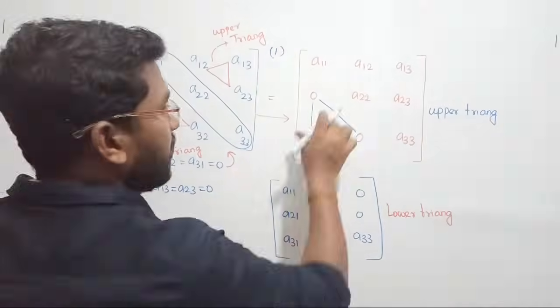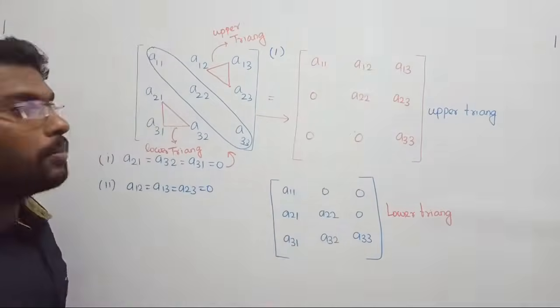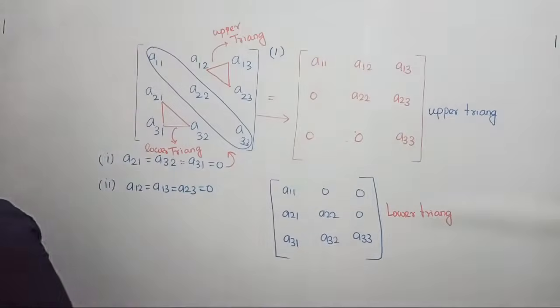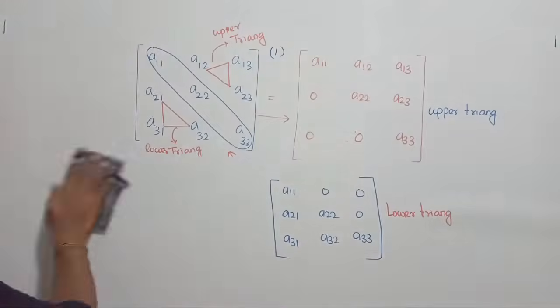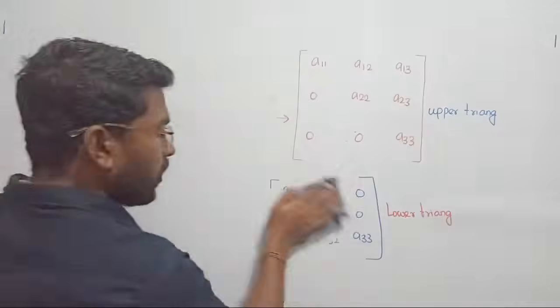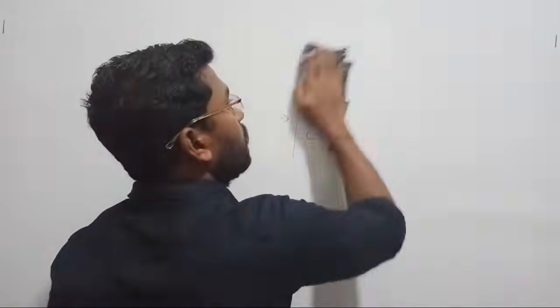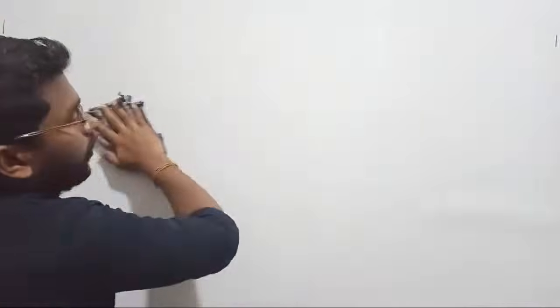Let us see some other types of classification of our matrix. Let me rub this one and move on to the other types of classification. Now we are going to see, based on properties, some other types of matrix.